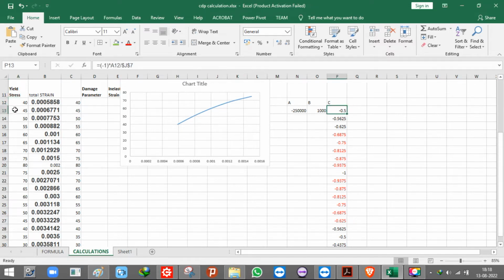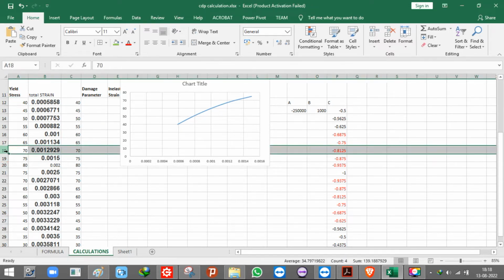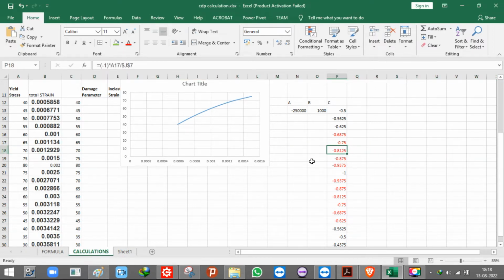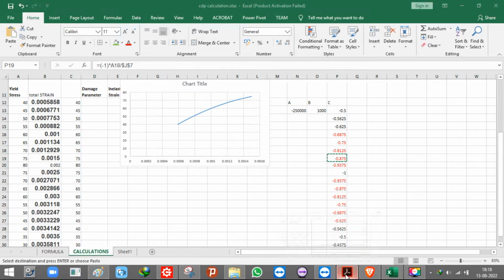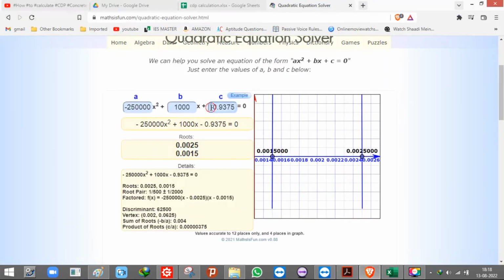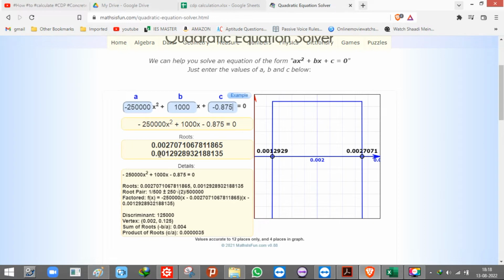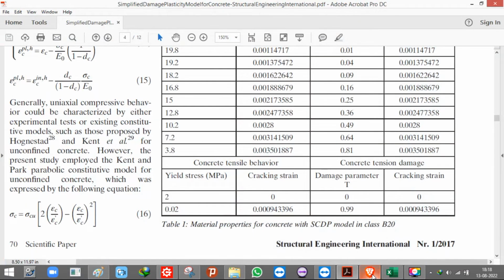It is for 40. 0.5 is 40. So if I'm marking for 70, that doesn't mean 0.8125 is for 70. 0.8125 is for 65, and 0.875 is for 70. This type of silly mistake you should not make, like me. So just avoid it. Yeah, this is correct.